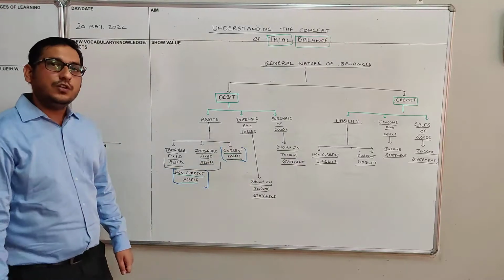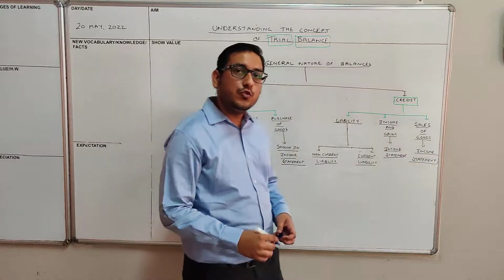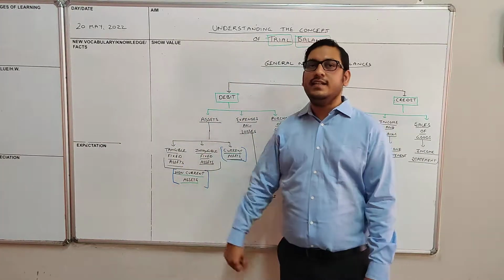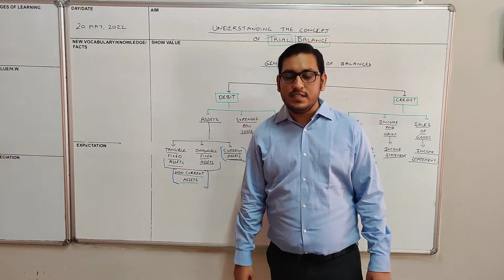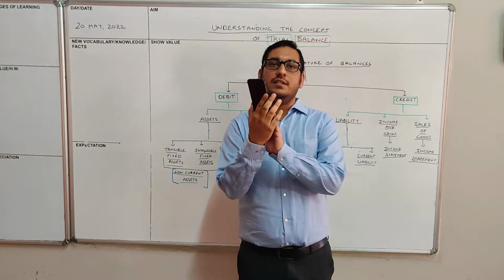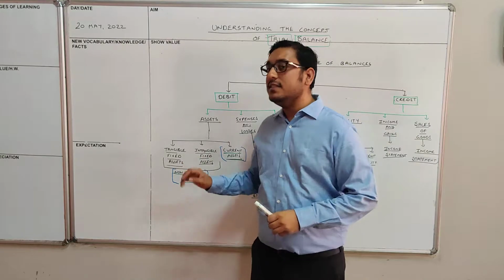If I can conclude, non-current assets are again categorized into two parts. One is tangible fixed assets and another is intangible fixed assets. What is tangible fixed assets? If it is a mobile and if I can touch it, feel it, it is a tangible asset. What is intangible assets?